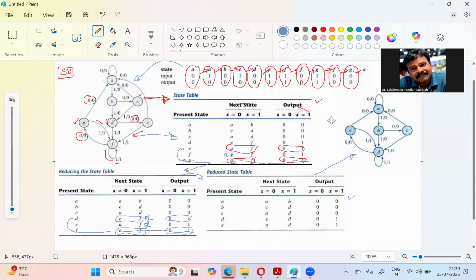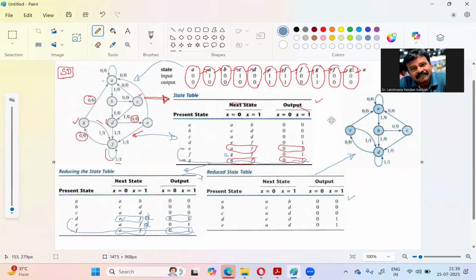So E and G is merged. Then the representative is E. Wherever G, you have to replace that one by E. Then next, if possible, we are reducing now. We have to see that one. These two states are same. And then we have to remove that one. So we are reducing that state.